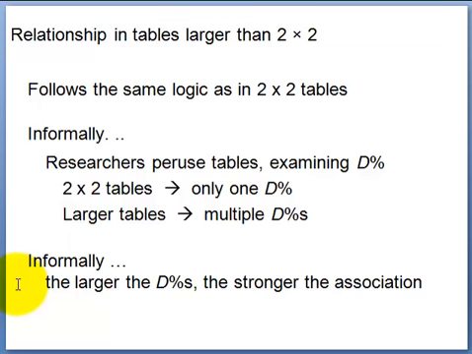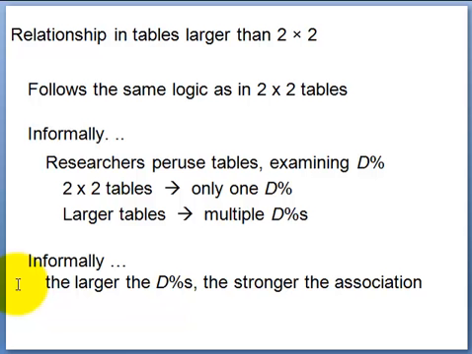Just in an informal sense, what we're going to do here is take a table larger than 2 by 2 and look at some of the differences in percentages that we can find in that table. And basically, in our informal way of going forward, if we're finding on balance larger differences, that's conveying stronger association. If the differences tend to be smaller, then we've got a weaker association.